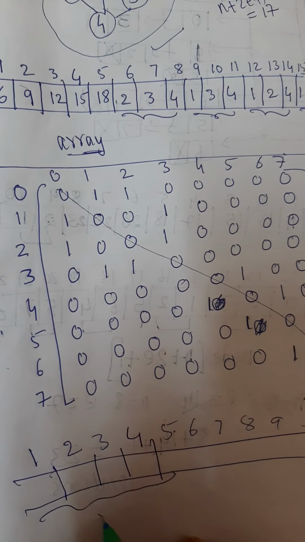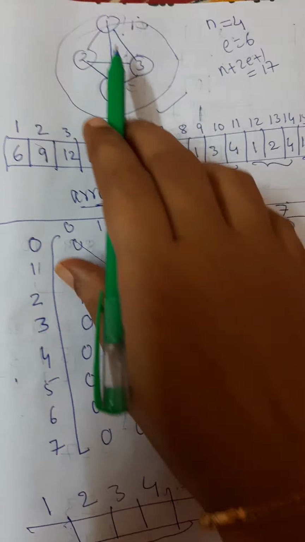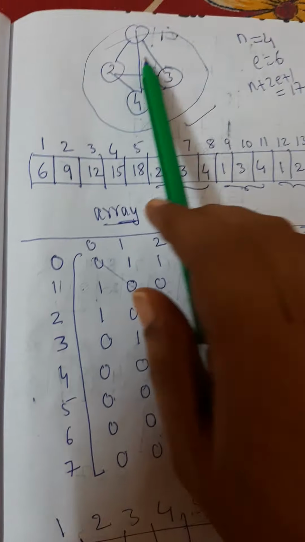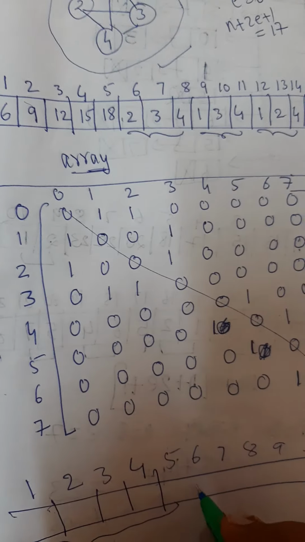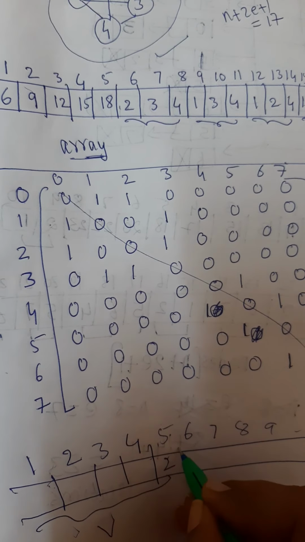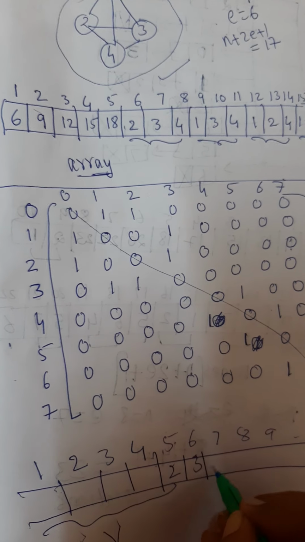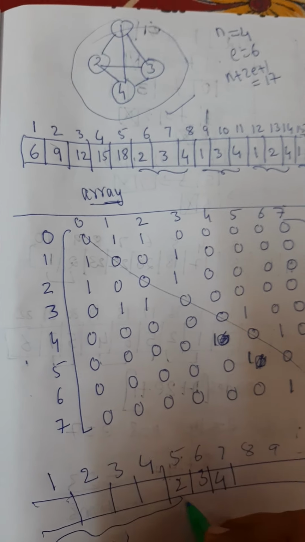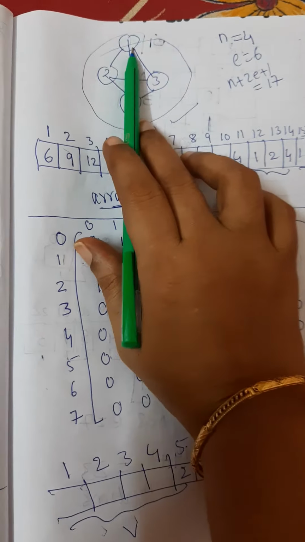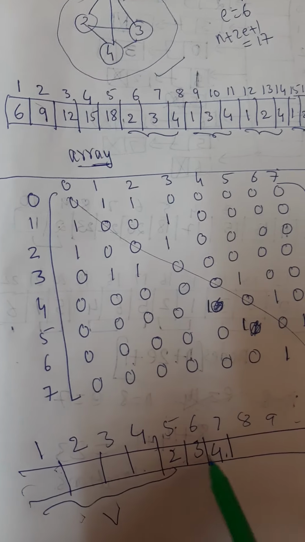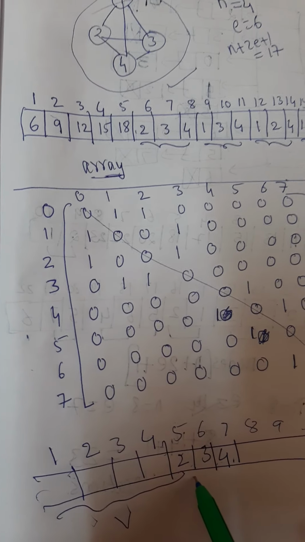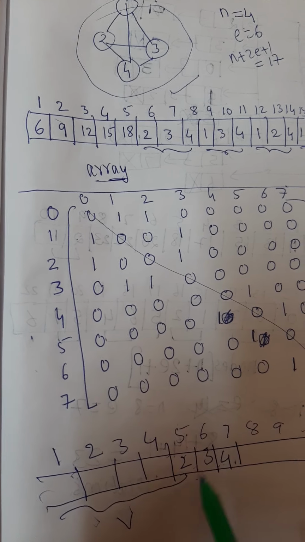These are the 4 for the vertices. Now adjacent vertices of 1 are 2, 3, 4. So where will I be placing? I will be placing them in the 5th place, 6th place and the 7th place. The adjacent vertices of 1, which are 2, 3, 4, I am placing after this 4. So that means, where did I start now?